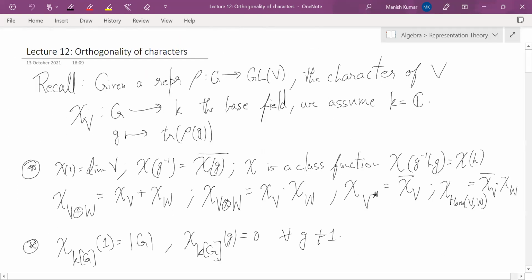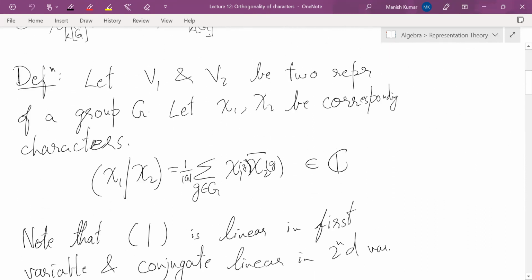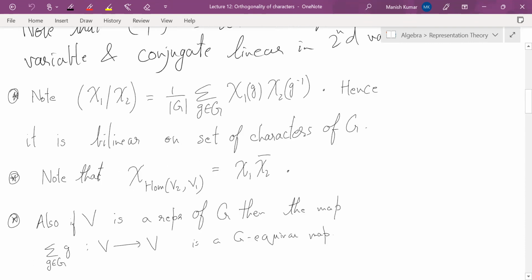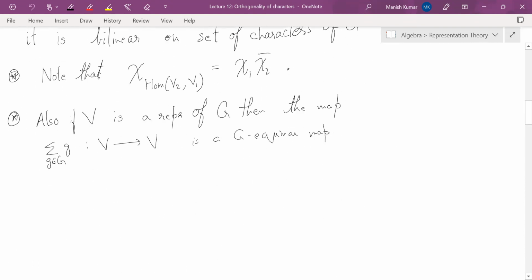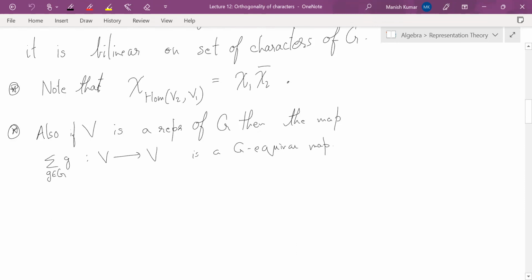But we also want this 1 over the size of G, and so this is equivariant. This is almost a projection map.